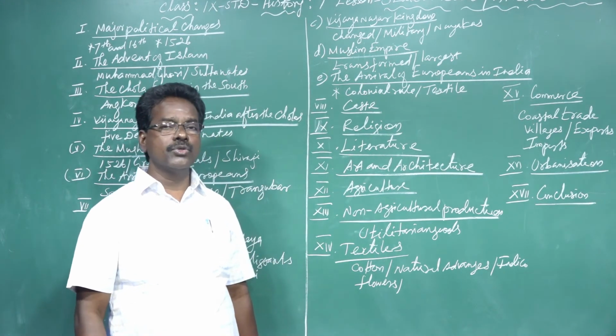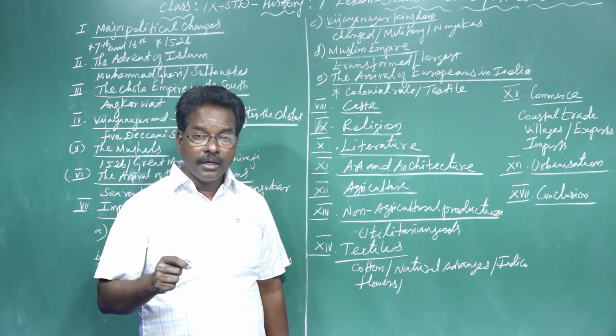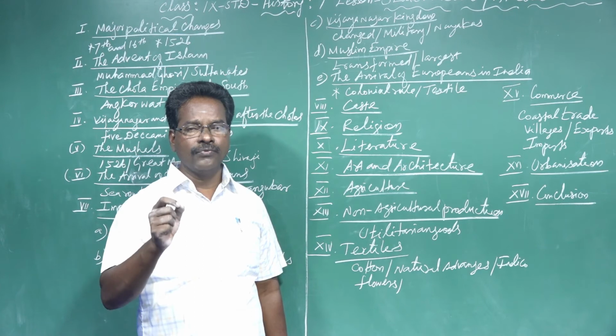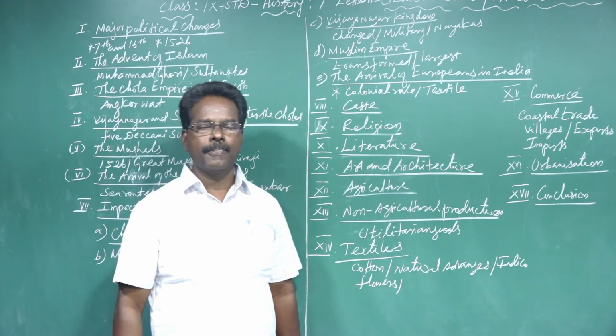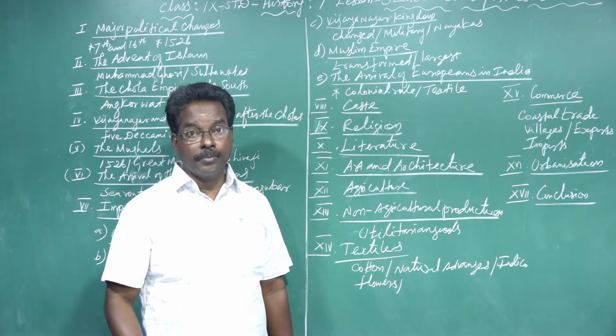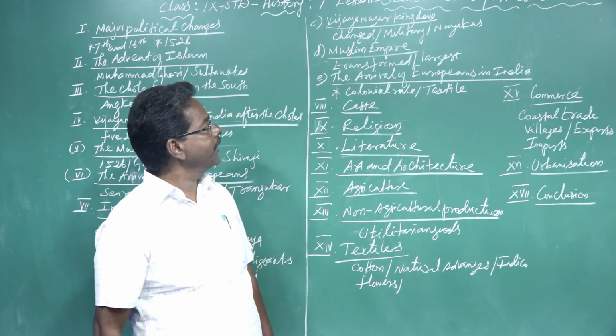Akbar consolidated the Muslim kingdom. The Muslim empire was the largest, richest and most powerful empire in the world. After Aurangzeb, the Muslim empire declined.